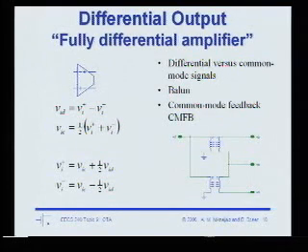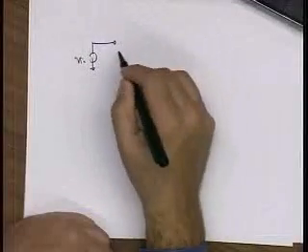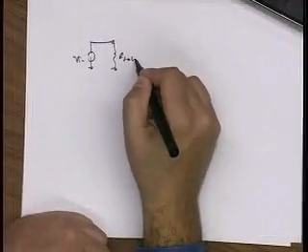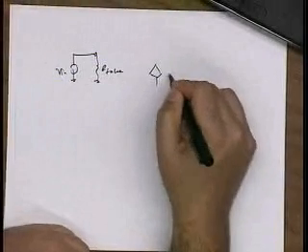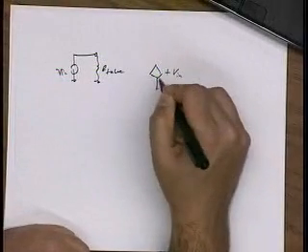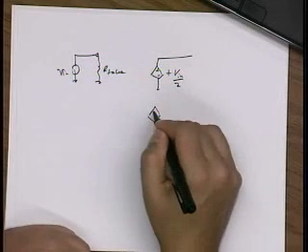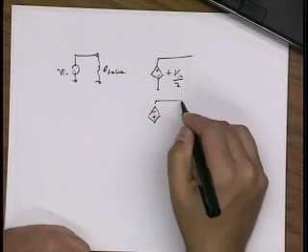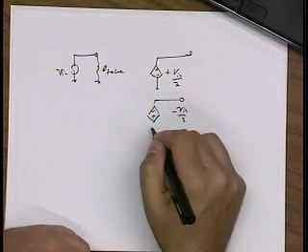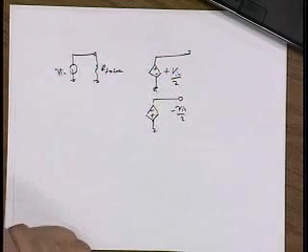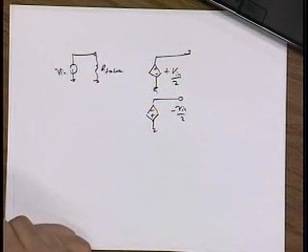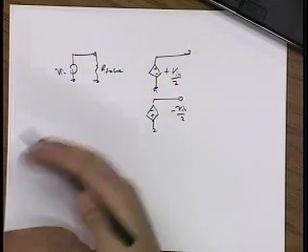So I have V in, let's say some fake resistor, and then this will be plus V in divided by 2, and this will be minus V in divided by 2. This is fine. You can do it.